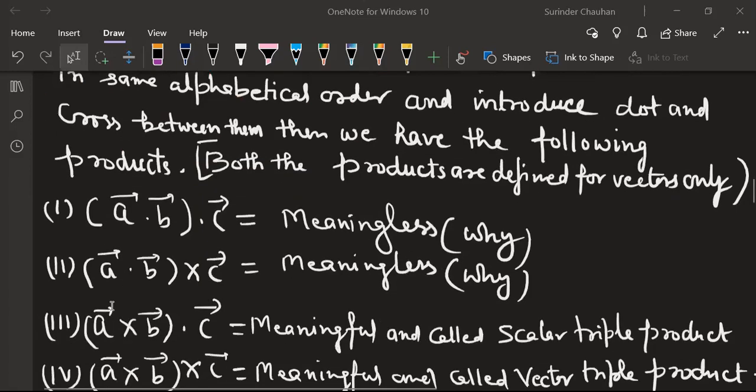You also know that if you want to find the cross and dot product, we must have only two vectors.